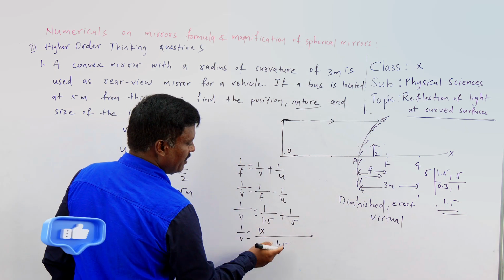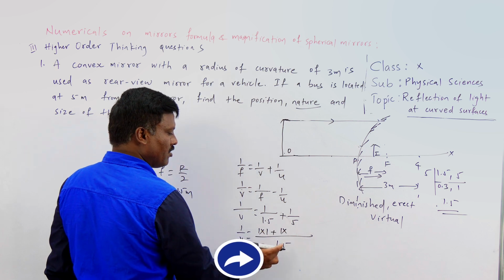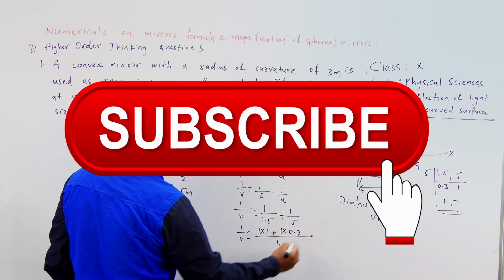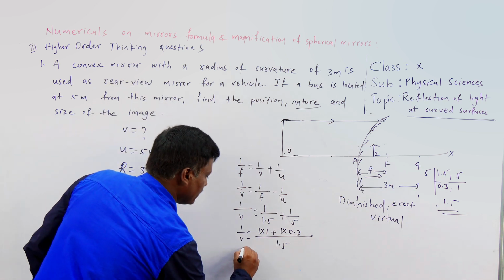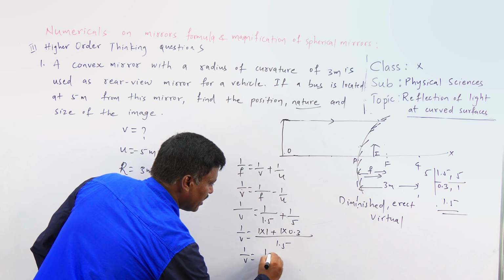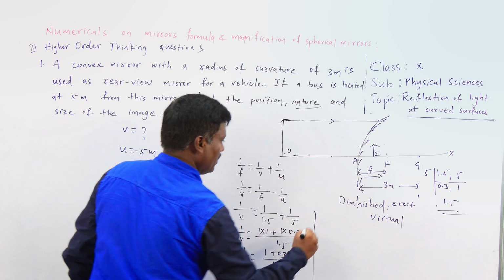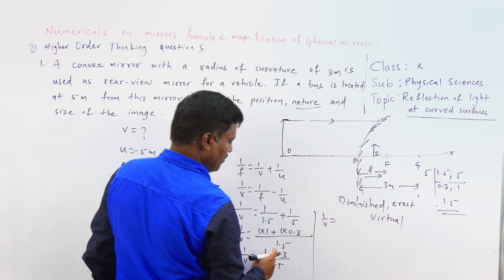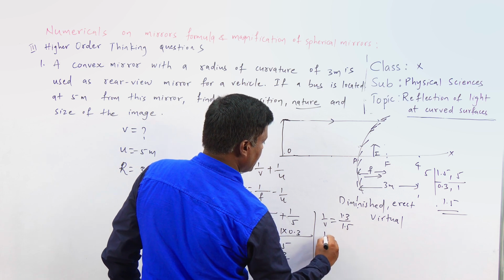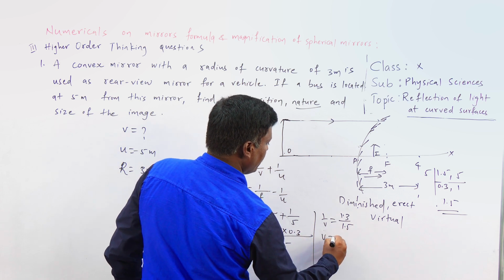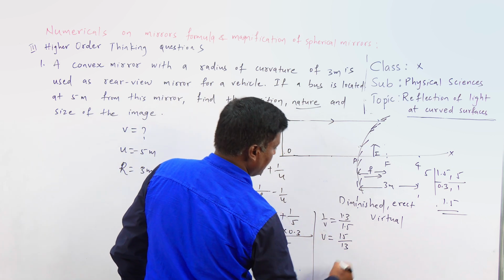In the 5 table, we have to get 1.5, which is possible with 0.3. 5 into 0.3 is 1.5. Then 1 by v is equal to 1 plus 0.3 by 1.5. Next, 1 by v is equal to 1.3 by 1.5. So this can be written as v is equal to 1.5 by 1.3 by cross multiplication.